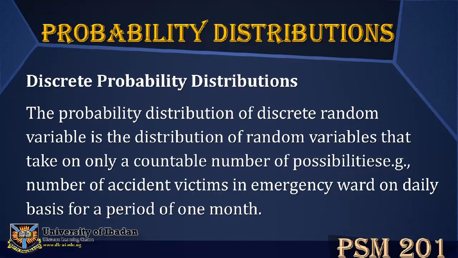Discrete probability distributions. The probability distribution of a discrete random variable is the distribution of random variables that take on only a countable number of possibilities, e.g., the number of accident victims in an emergency ward on a daily basis for a period of 1 month.